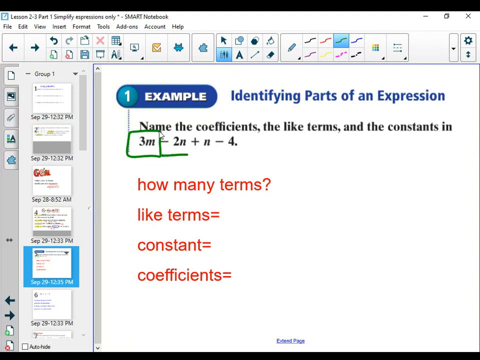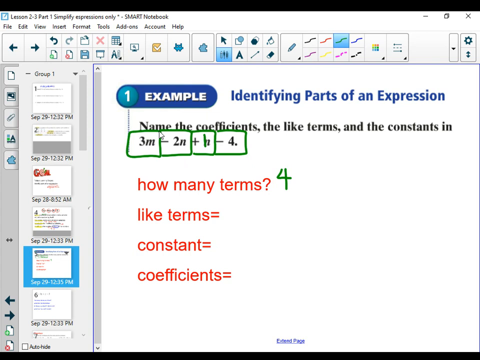I see a negative 2n. I see an n all by itself. This reminds me of Friday. Oh yeah, I need to put a 1 in front of that. And then I see a negative 4. So there are 4 terms in this expression.